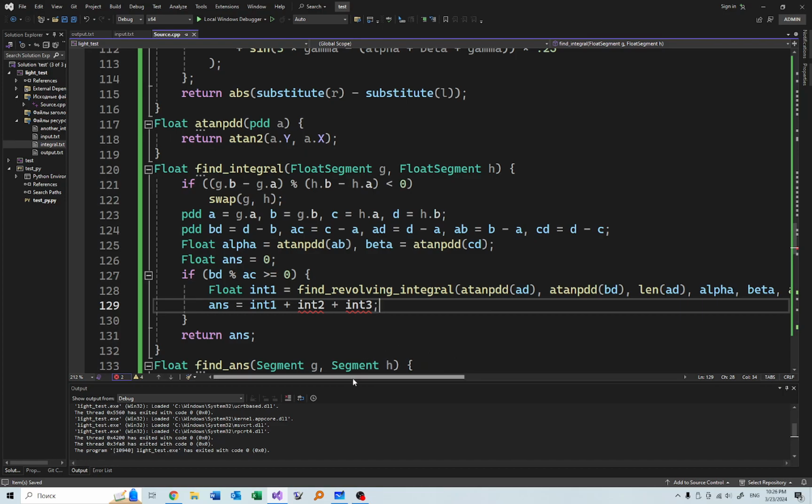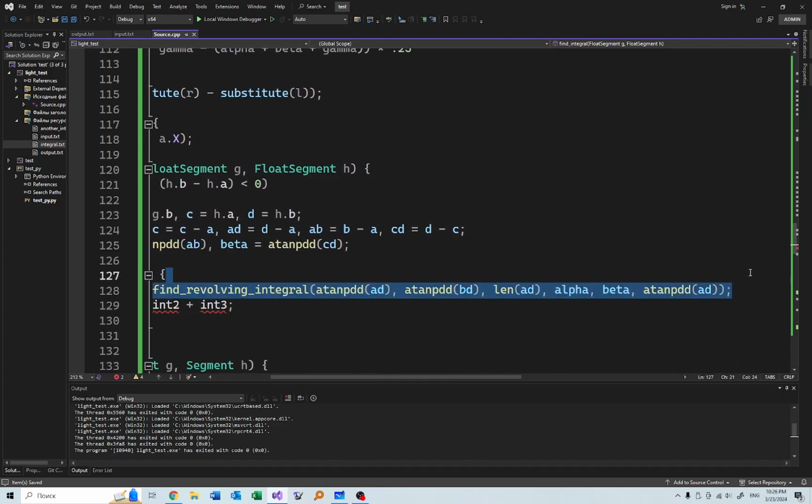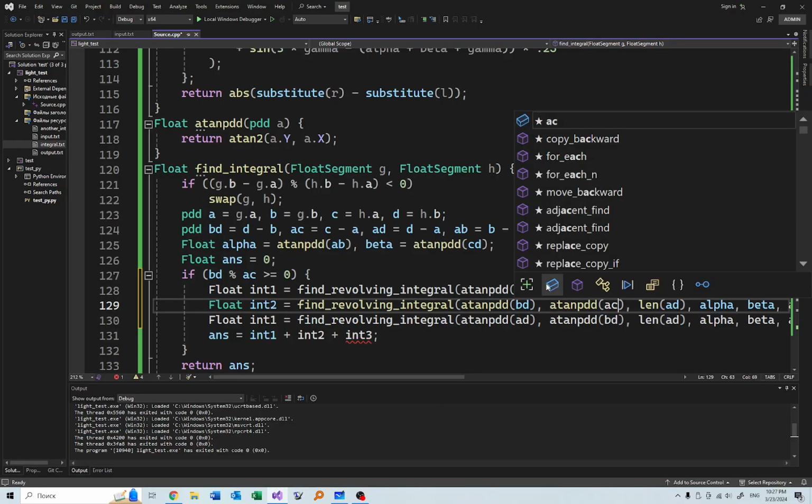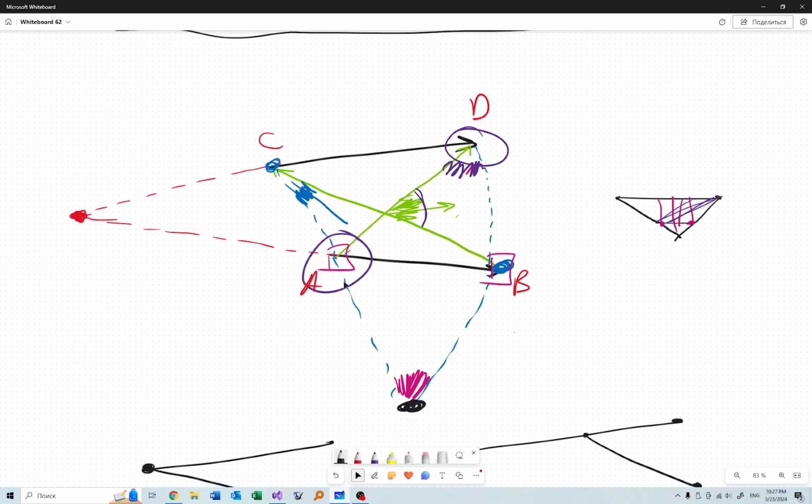Here, what is int 2? Int 2 is from atan2 BD to atan2 AC. However, sometimes AC is not something very good. It usually happens when one of these points is an intersection point. So how do we avoid that?